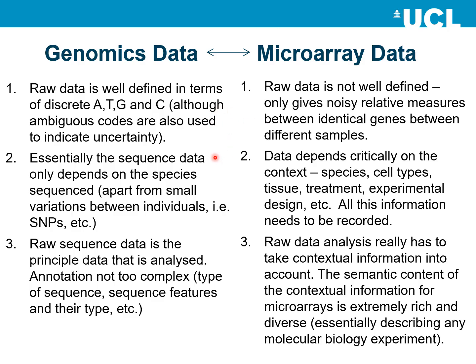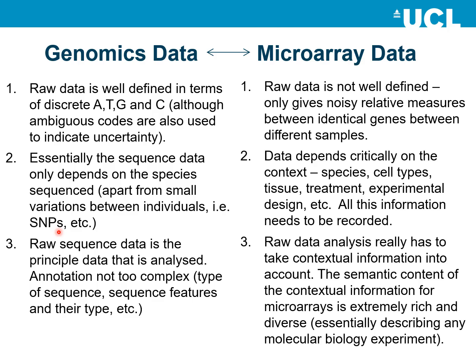The other key difference is that sequence data really only depends largely on the species sequenced. So we have the human genome, the mouse genome, the yeast genome. So it's largely just the species. There are small variations between individuals within the species. So you might be aware that there's databases for SNPs, single nucleotide polymorphisms.